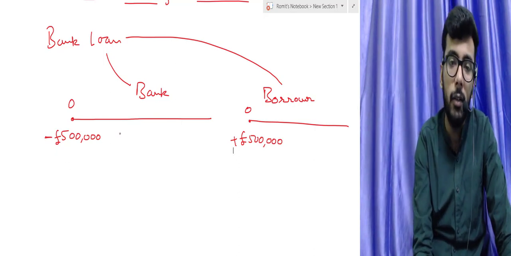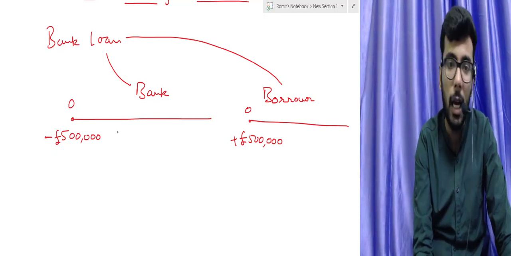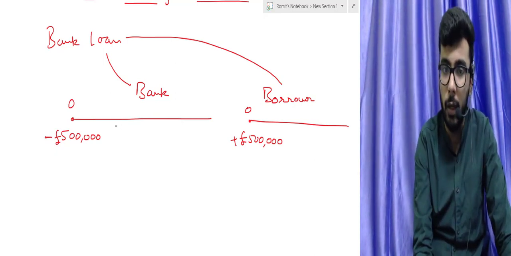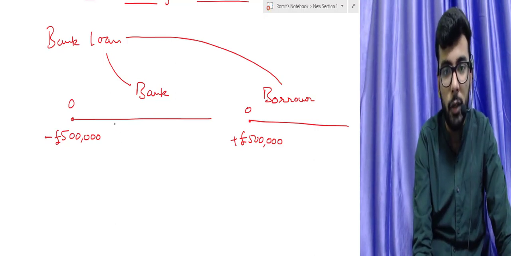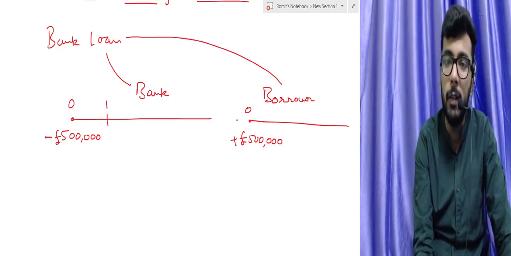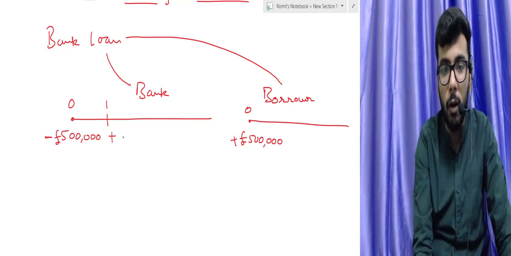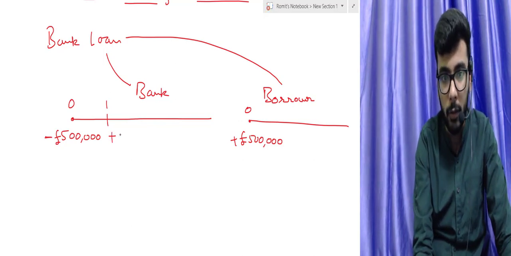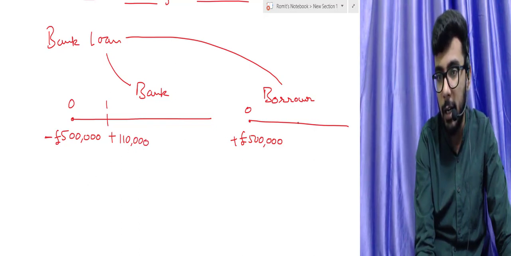Now let's say this loan is to be repaid in 5 installments of 110,000 pounds each. So at time 1, the first installment will be due. This will be received by the bank from the borrower. It will be an inflow for the bank and an outflow for the borrower.